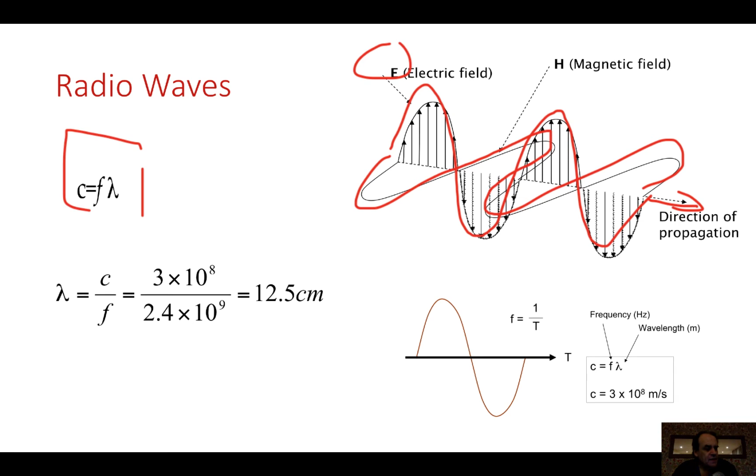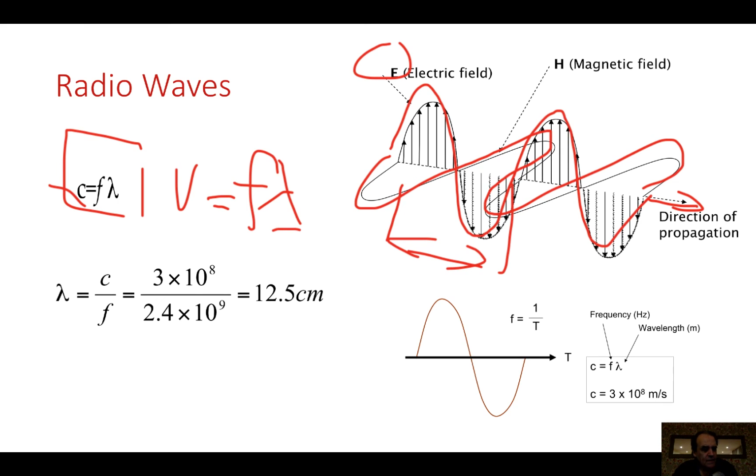The basics of this is that the velocity v, or c if it's the speed of light, is equal to f lambda, where lambda is the length of the wave, f is the frequency in hertz, and v is the speed in meters per second. If we're dealing with light, then we define light as c, or 300 million meters per second.